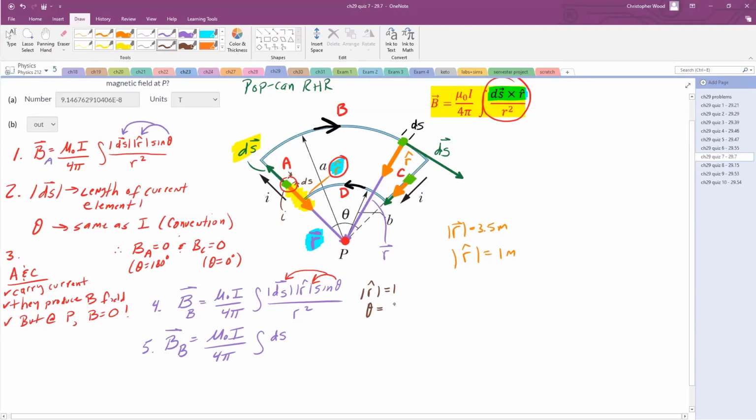Theta equals 90 degrees because you're looking at the angle between the ds vector and the R hat vector. In other words, you're looking at this angle right here. What is the angle between green and orange? That answer is 90 degrees. So sine of 90 degrees equals 1. All right, all over R squared.